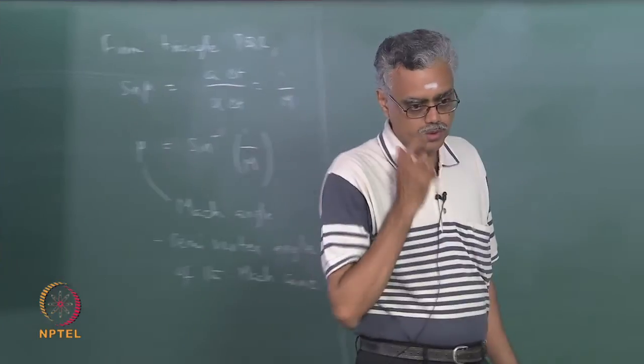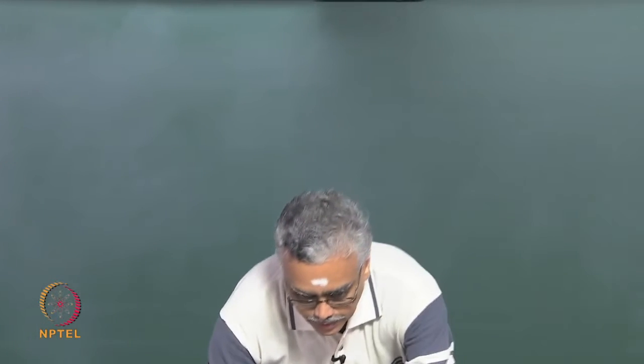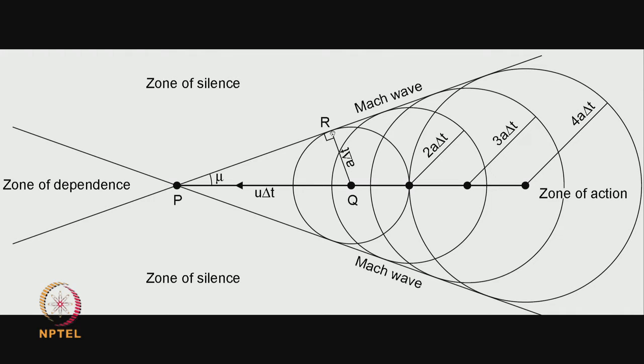Okay, the other point that I want you to note from this diagram is the point R. Notice that the surface of the cone is tangential to the spherical wavefront at any point, as you can see from here. So the angle here is 90 degrees.